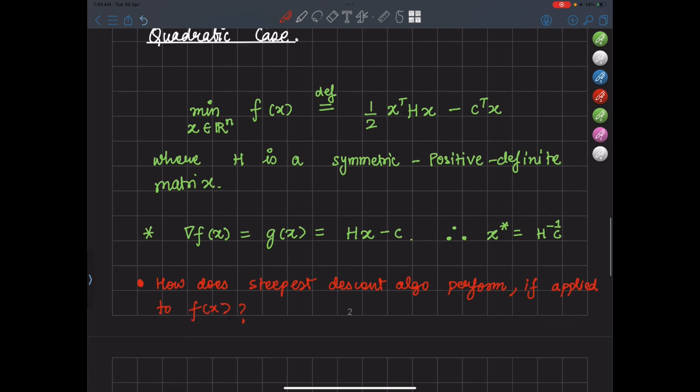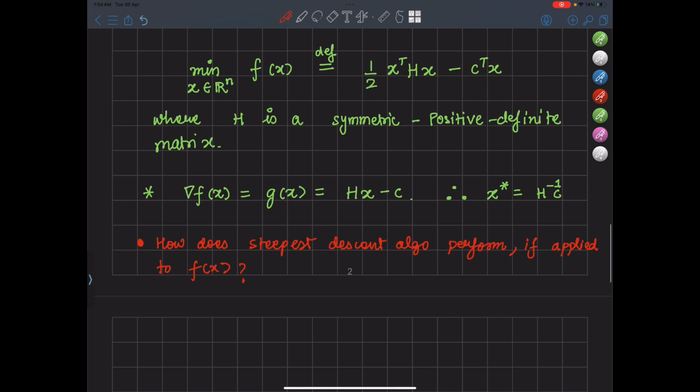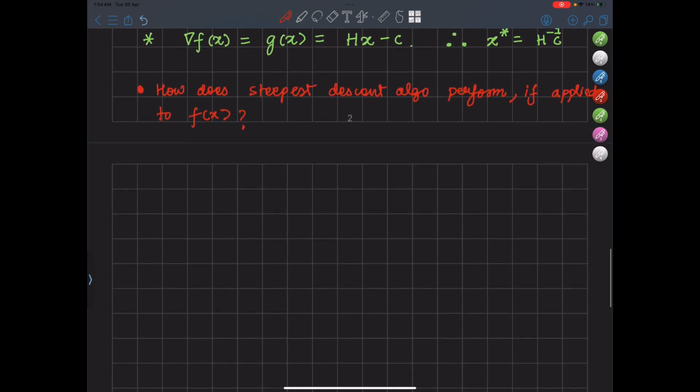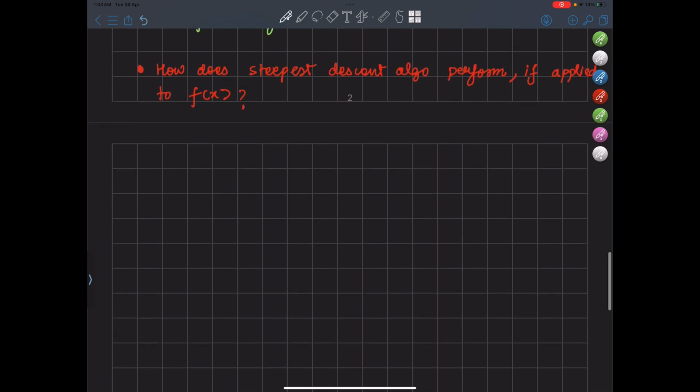All right, this is what we want to see. Now we'll make one assumption: that the way we choose step length is by exact line search. So we assume that exact line search is used in each iteration.